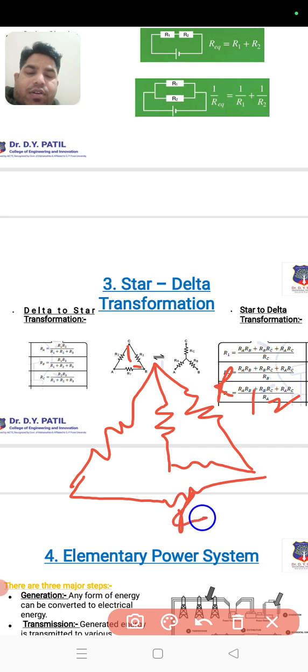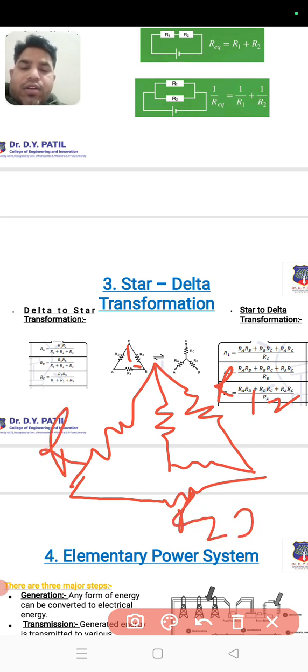R12, R23 and R31. Here is R1 and there is R2.